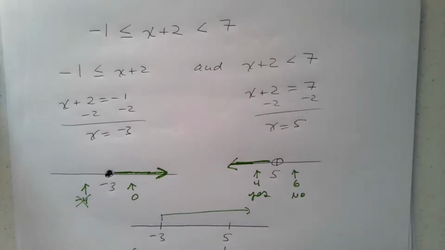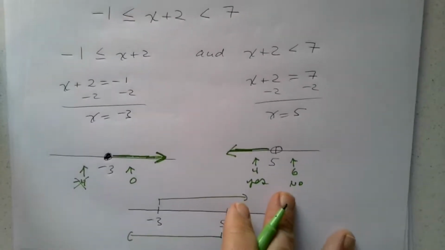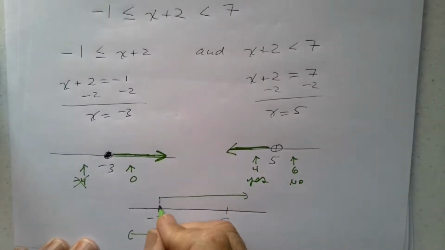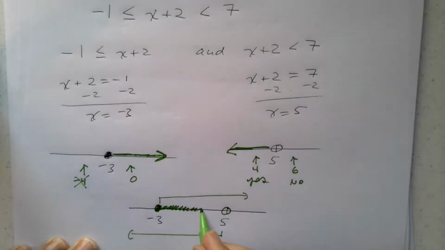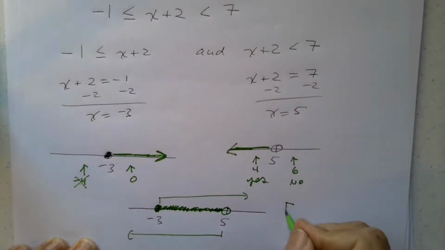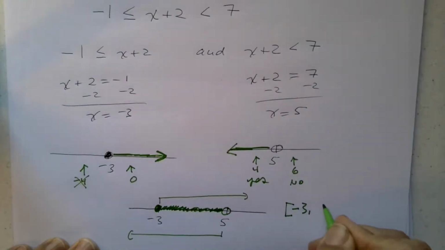Where are they both true simultaneously? That would, of course, be in the middle. Negative 3 had a solid dot here. 5 had an open dot there and in the middle, we're going to shade it like that. So what is that in interval notation? Square bracket, negative 3 to 5.